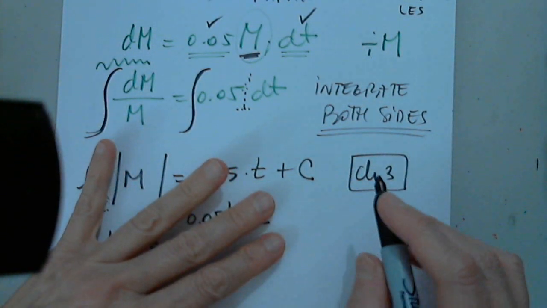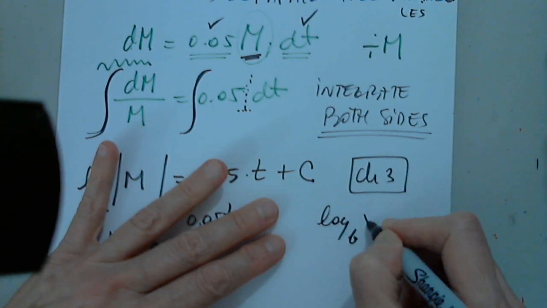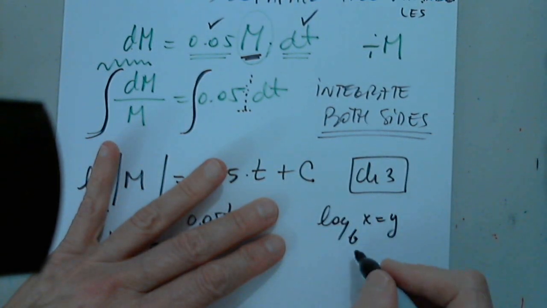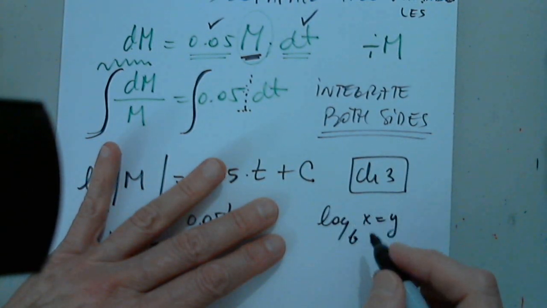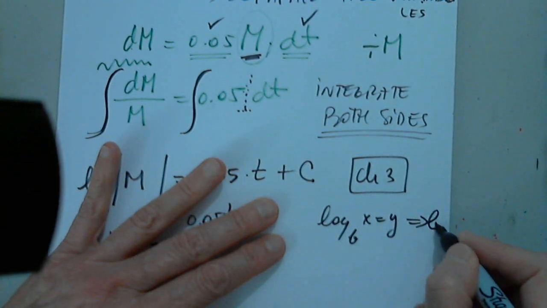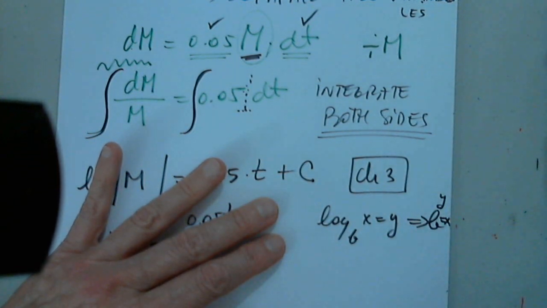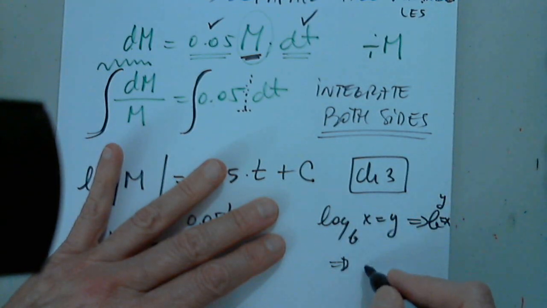Let me refresh your memory. So if we have log base b of x equals y, b raised to y equals x. I'm going to write it again here so everyone can see it. B raised to y equals x.